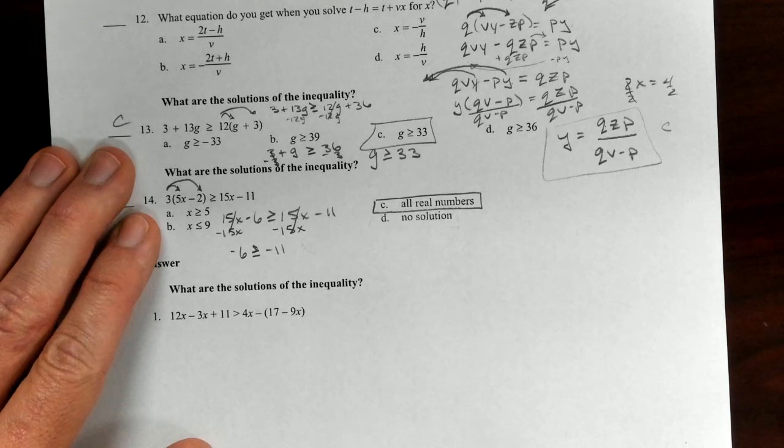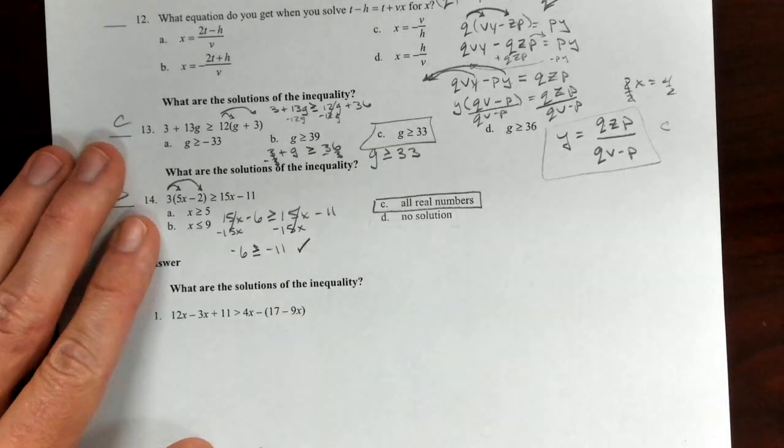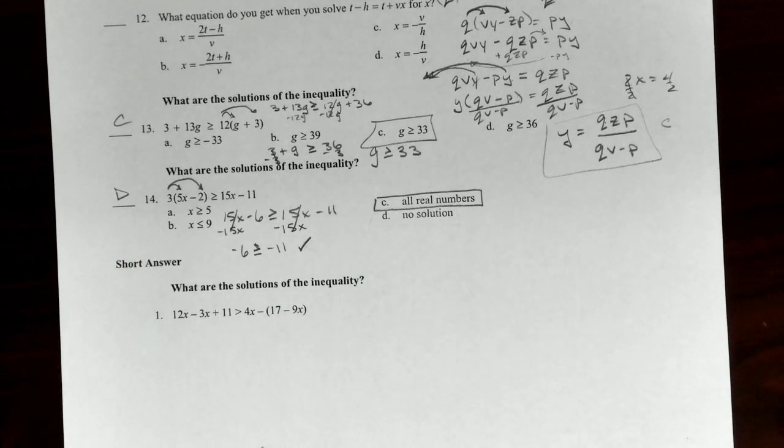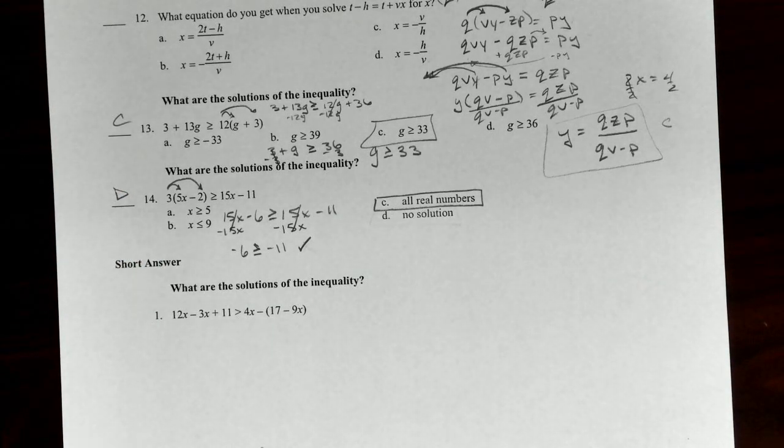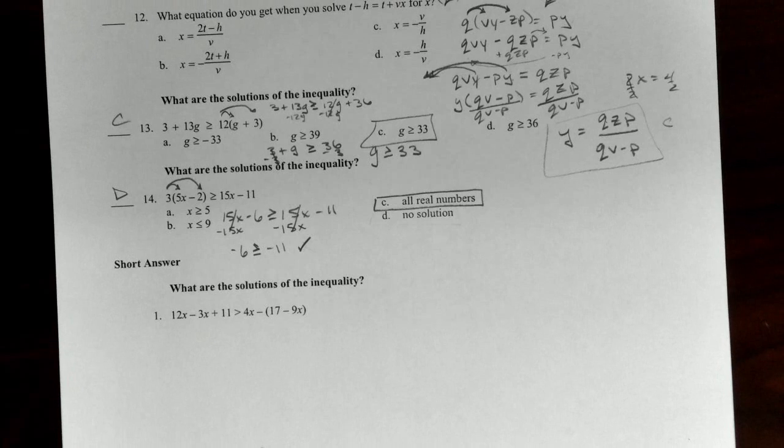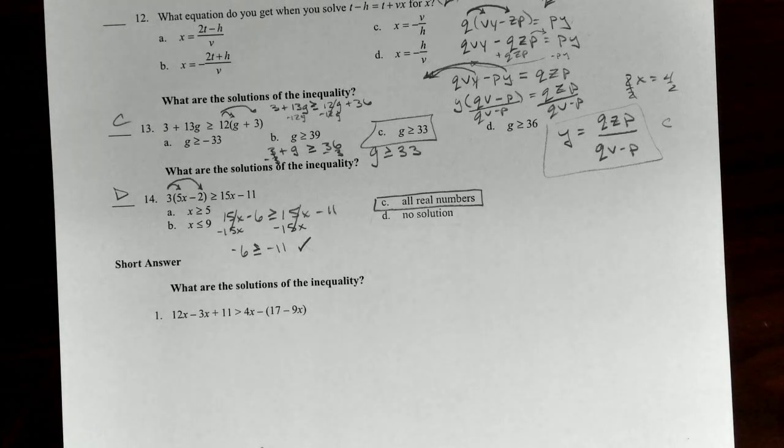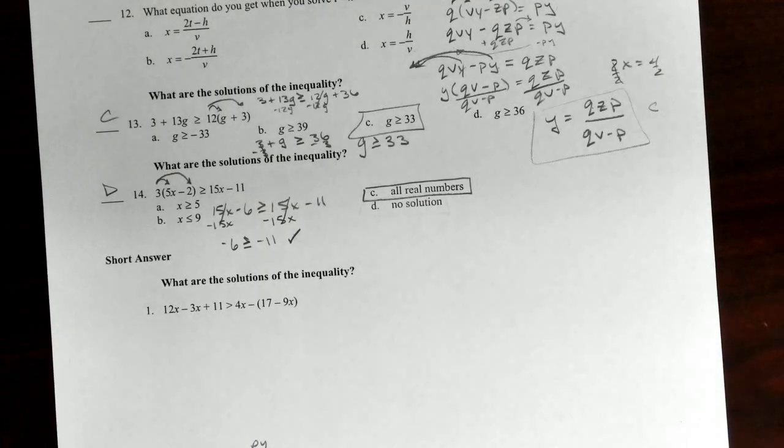Yes, that's a true statement. If you owed somebody $6, negative 6, or you owed somebody else $11, you've got a greater debt to the $11. So the negative 6 is a greater value than negative 11. So therefore it's a true statement. Okay, so now it's a true statement, then my answer is all real numbers.